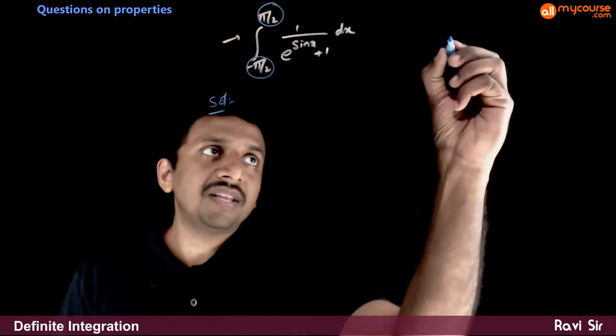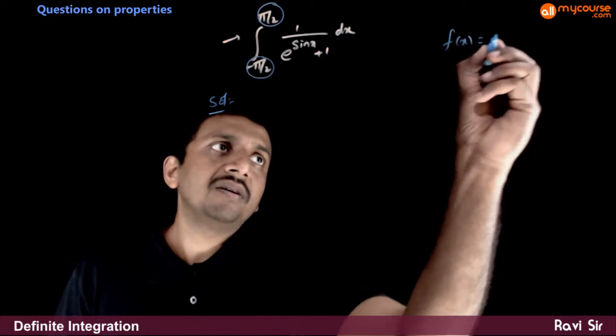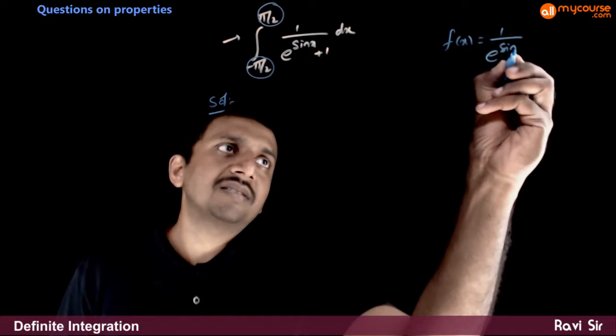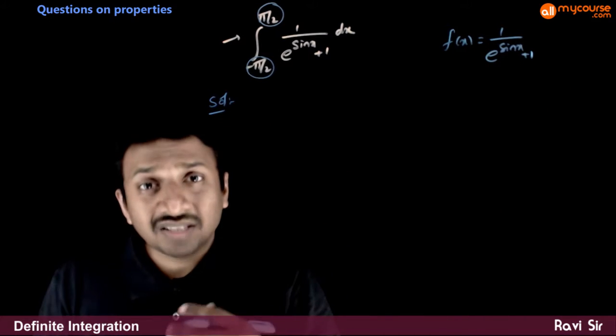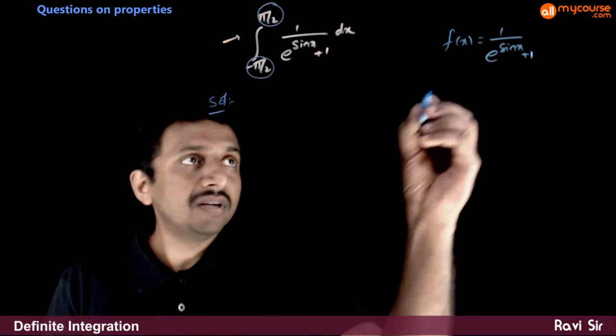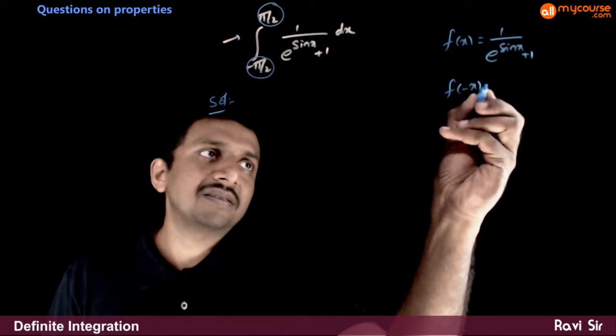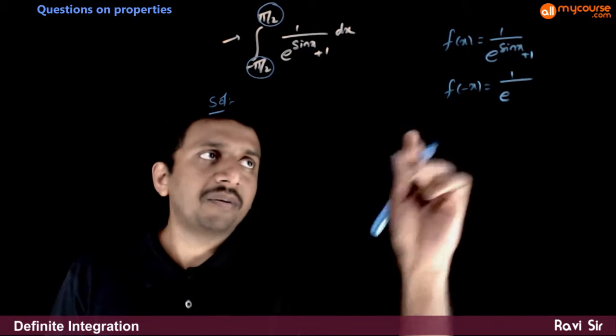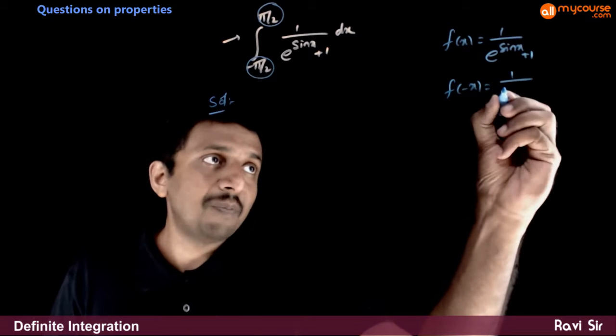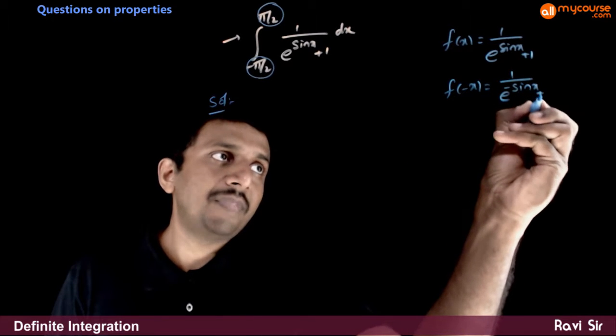So first let us see whether this function 1 by e power sin x plus 1 is an odd function or an even function. What is f of minus x? 1 by e power sin of minus x, which is minus sin x, plus 1.